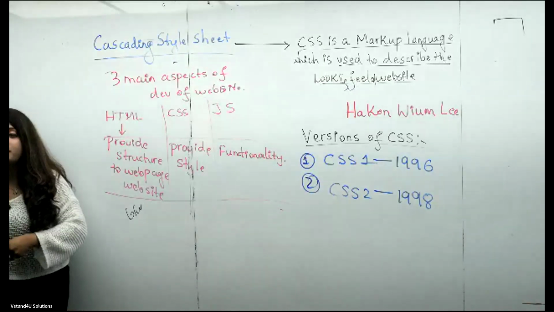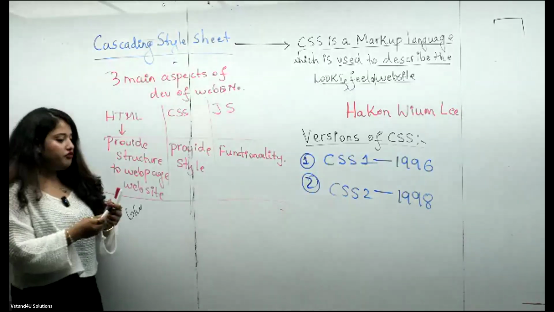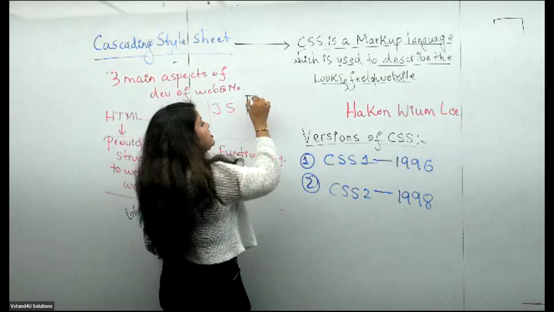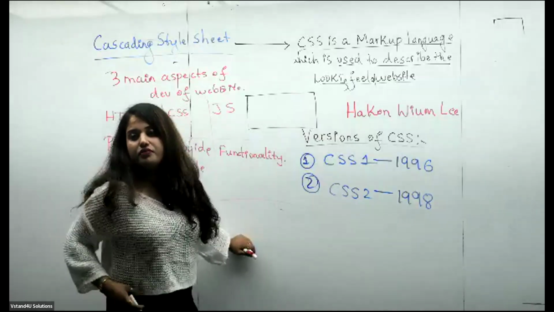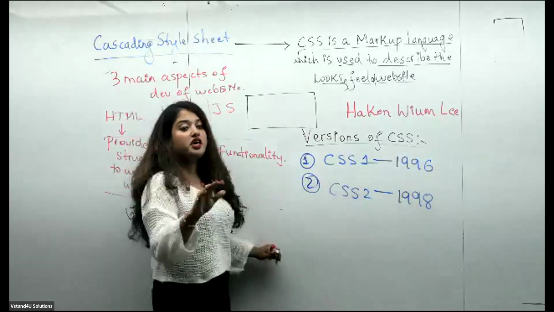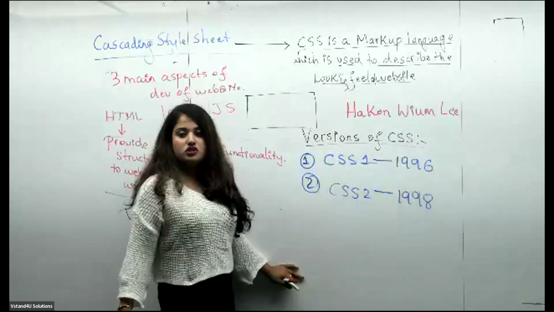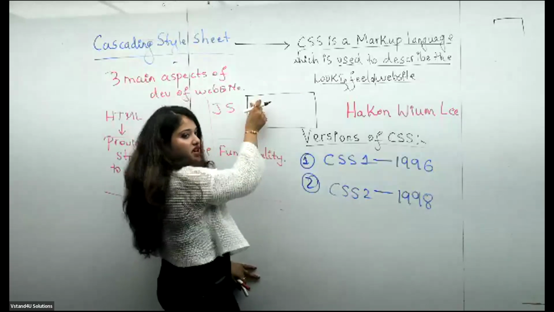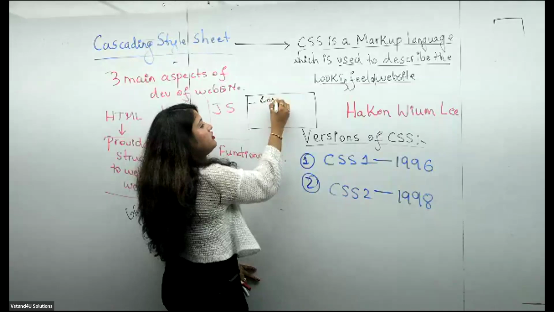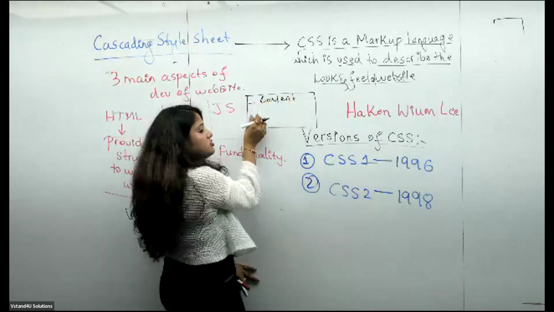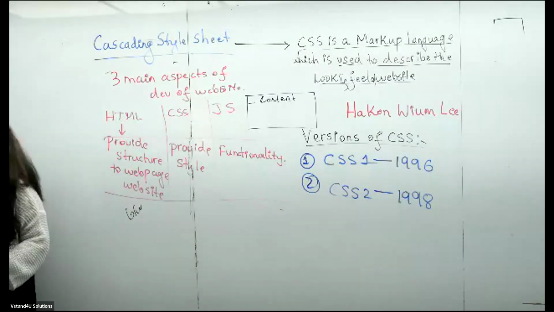Positioning means, if you have observed, consider this as your website. If you open any Wikipedia, each page will differ from another. Some will have some spacing here and then you will place some content here. This is called spacing, and that is also called positioning.